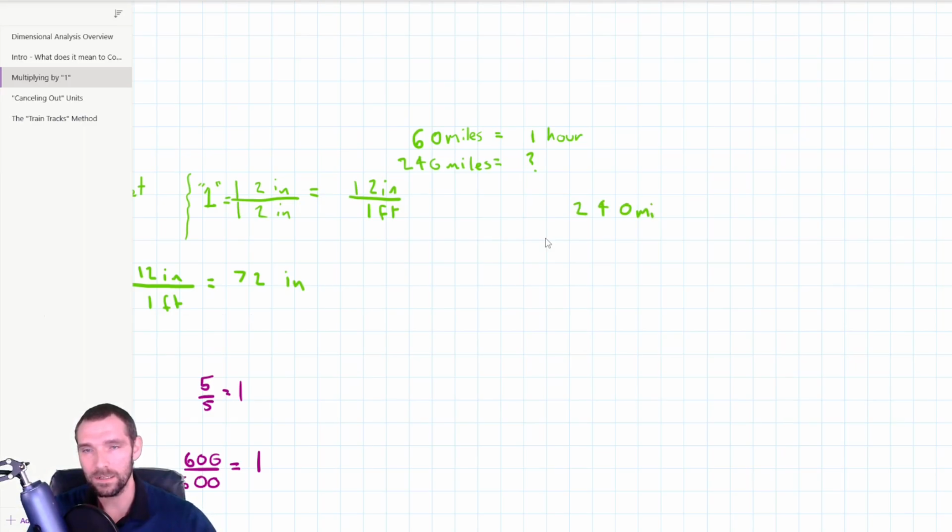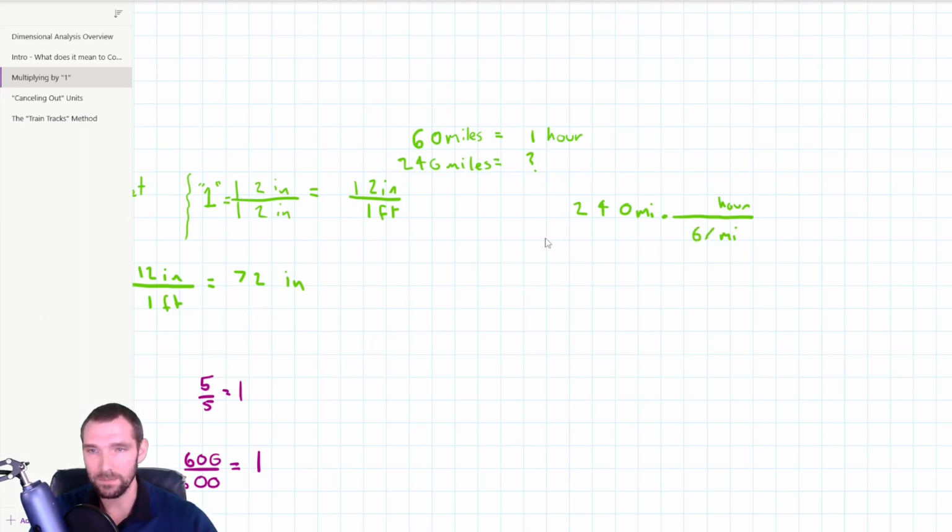miles and we multiply that by its conversion factor, you can say, okay, I've got miles on the bottom and hours on top. Do you see how I'm always writing the units first? That tells me what numbers go where, because I know sometimes people want to write the numbers first. I do the units first because I know I'm in miles and I'm going to need to cancel out miles, so we might as well start there, right?